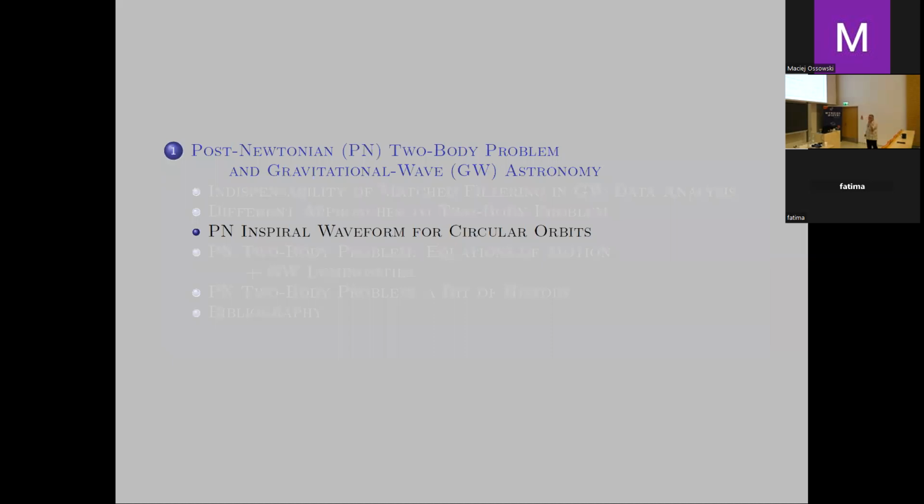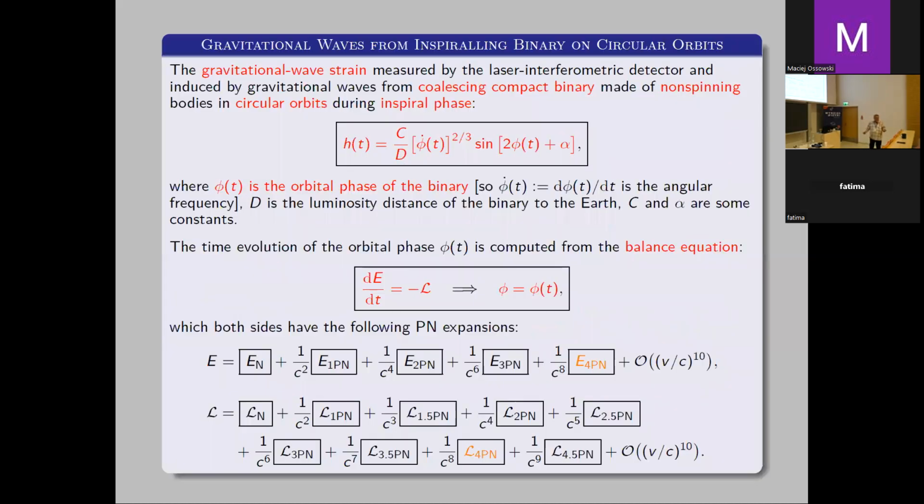Okay, so now let us look at what we need in the very simple case. That is, let us look at how to produce the waveform from the post-Newtonian results. The simplest case means that we are restricting to the circular orbit. It is not a bad restriction, because, as you know from the basic general relativity course, during the evolution of the binary system, eccentricity diminishes much faster than the size of the orbit.